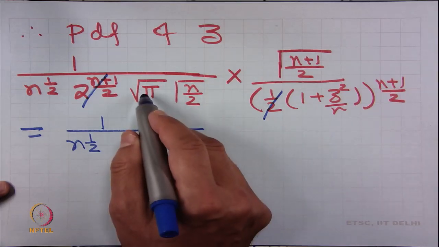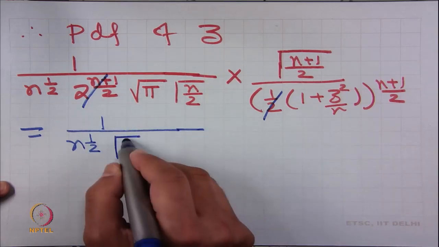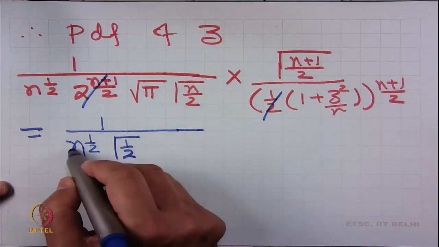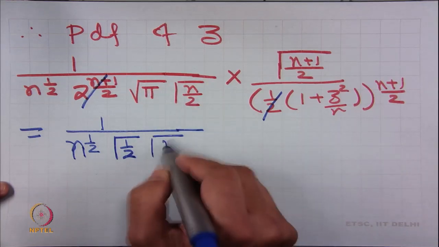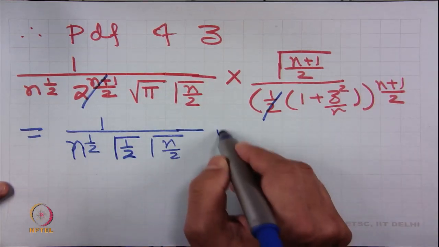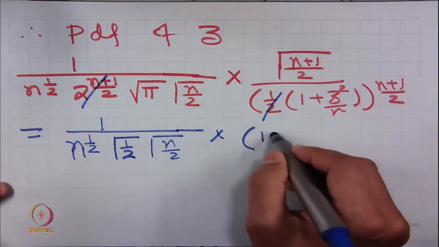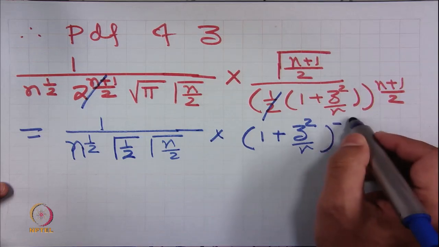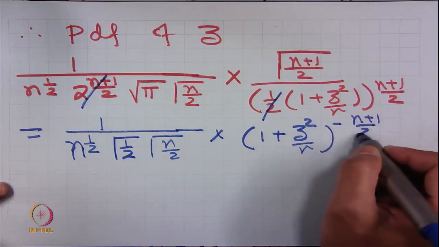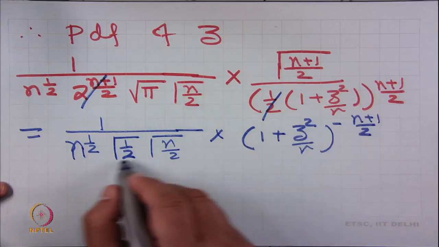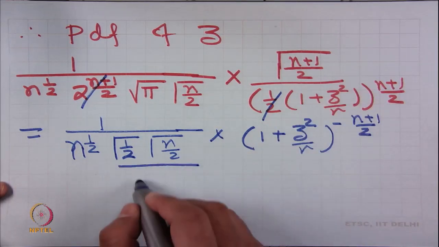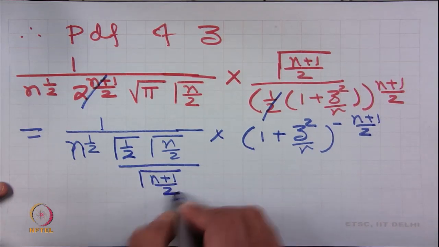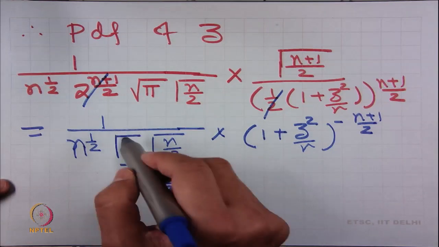Root pi we know is gamma half, gamma n by 2 into 1 plus z square by n whole to the power minus n plus 1 by 2, this divided by gamma n plus 1 by 2.